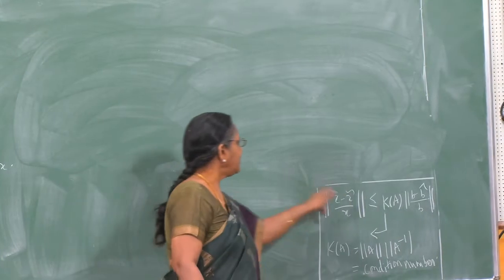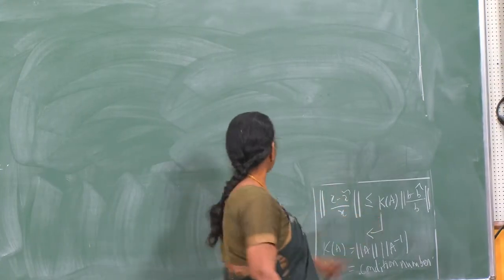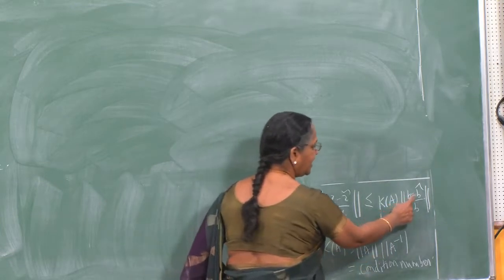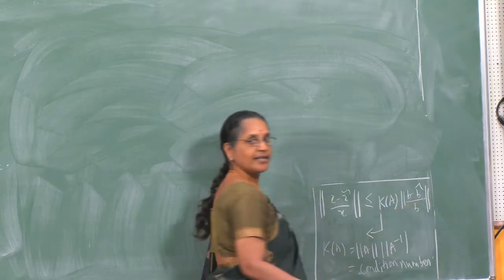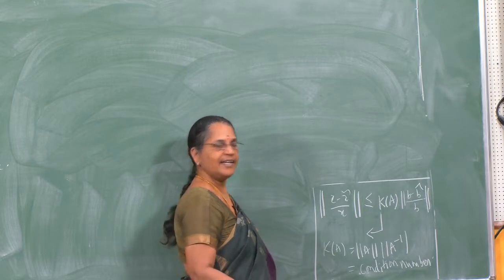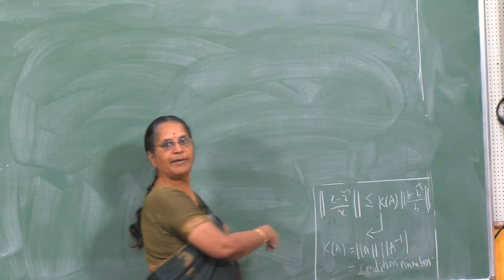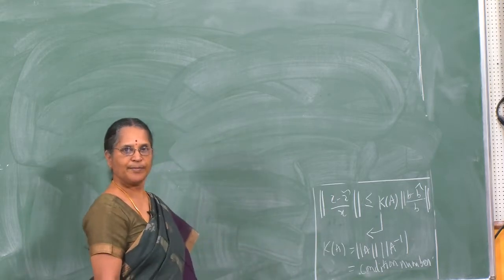If the condition number is small, then a small change in the right hand side vector will result in a small change in the output, namely the solution vector for the problem.